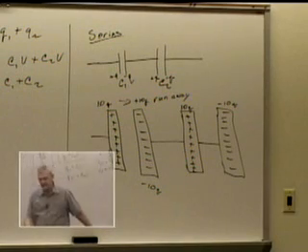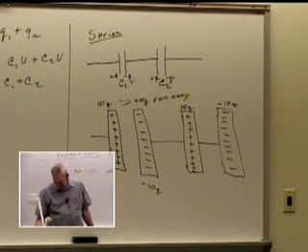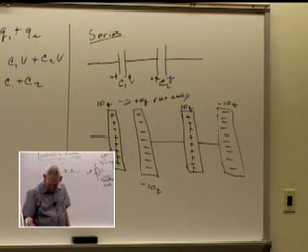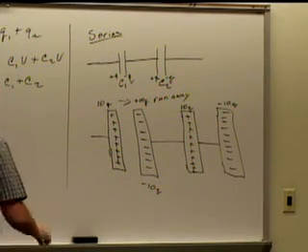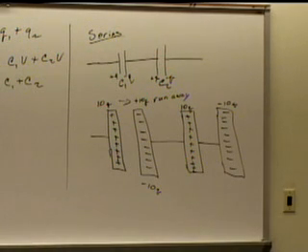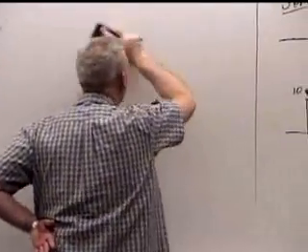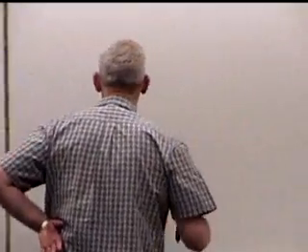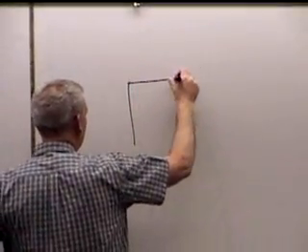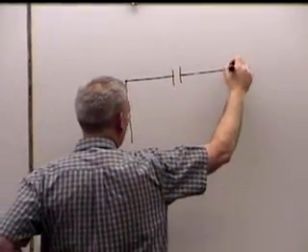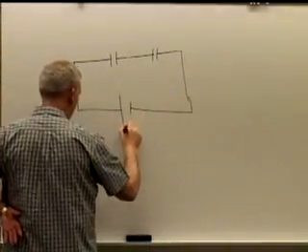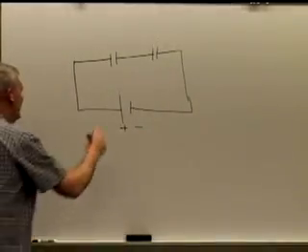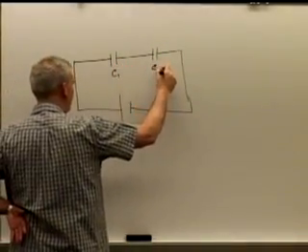Good. Now, what does that look like? If we put the capacitance in series, I'm going to go ahead and erase this over here, and we wind up with this situation. Now, we've got C1 and C2.